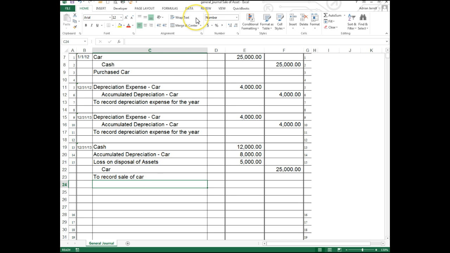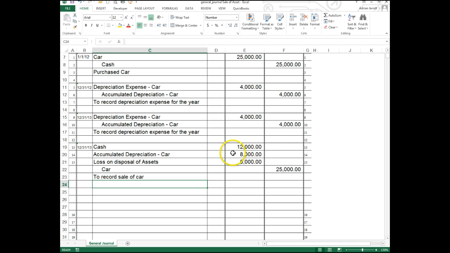So to reiterate, when we buy the car, we debit car, credit cash. When we depreciate the car, we debit depreciation expense, credit accumulated depreciation. We've done it again, so we have $8,000 in our accumulated depreciation account. And so when we sell the car, we're going to debit cash for whatever we've gotten from the buyer.